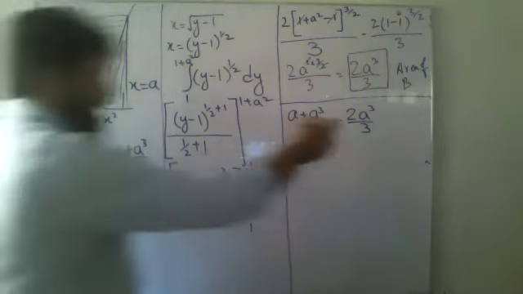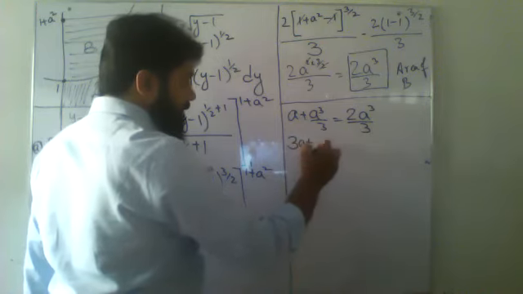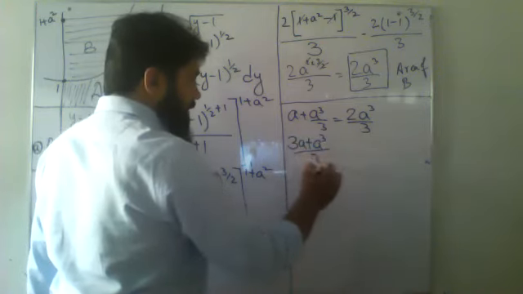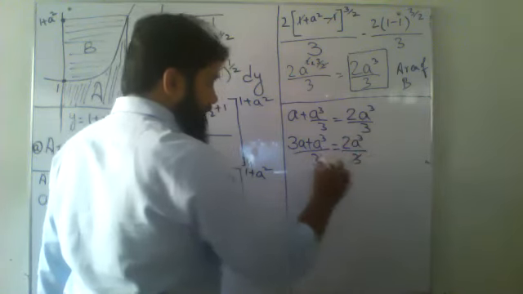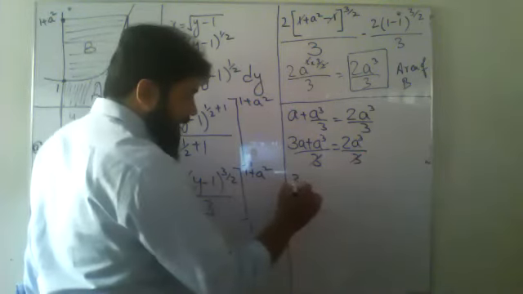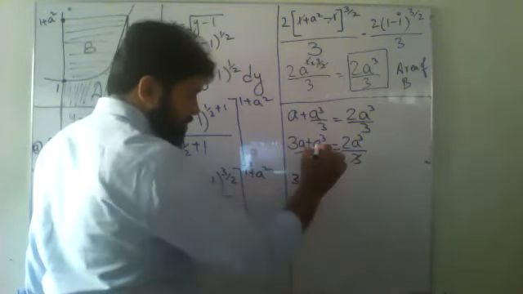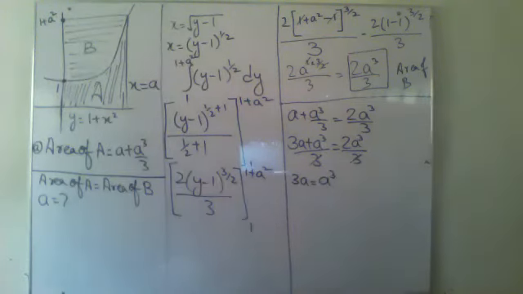Now, what can I do first of all? I am taking LCM: 3a plus a cube over 3 equals 2a cube over 3. 3 and 3 will be cancelled. 3a equals, this shifted over here, that will become a cube.